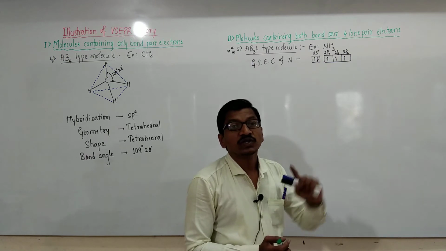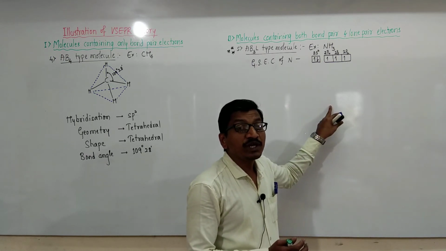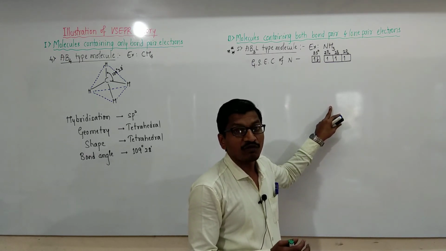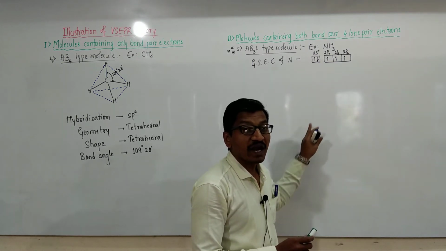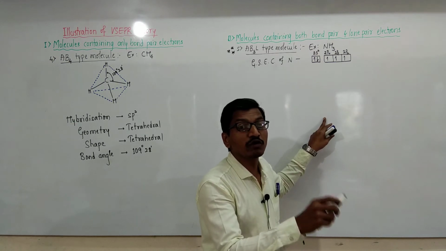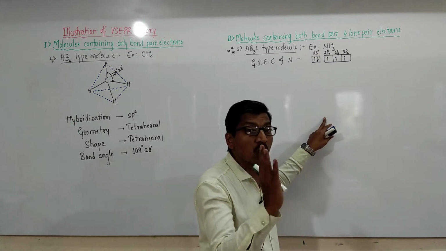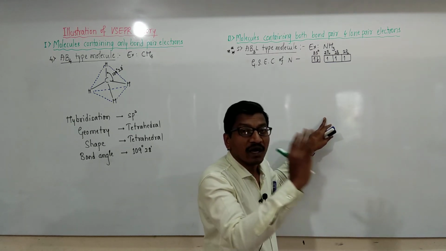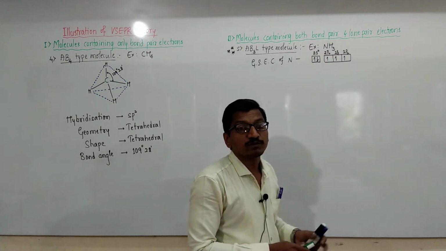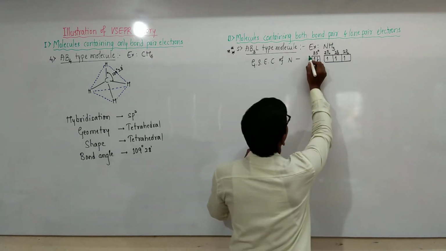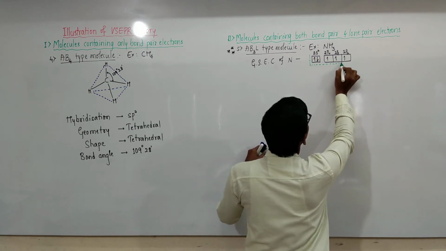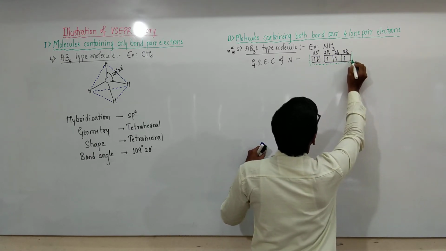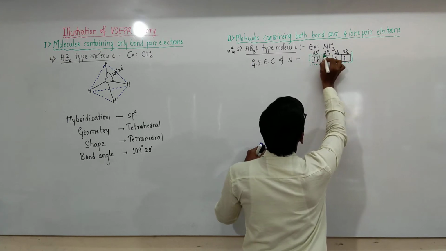forms sp3 hybrid state of central nitrogen. Ground state only. The central nitrogen in ammonia molecule forms 4 equal energy and identical shape sp3 hybrid orbitals, which include 1 lone pair and 3 unpaired electrons.